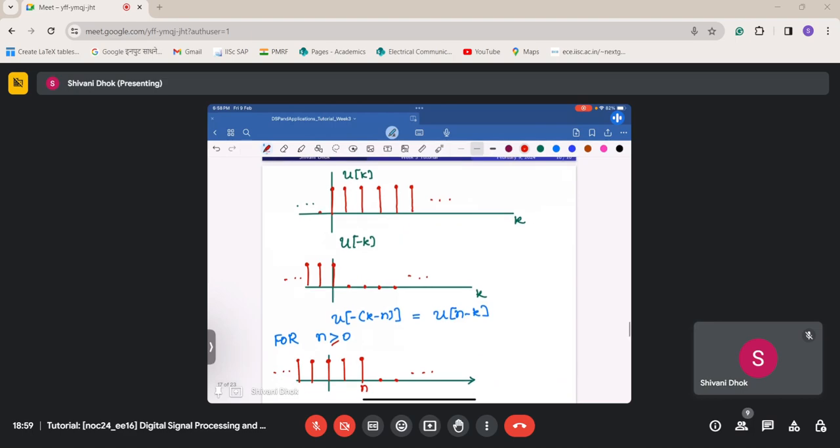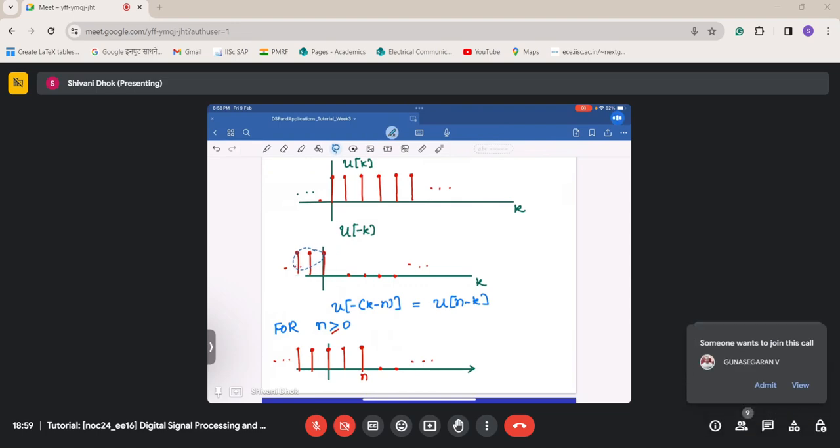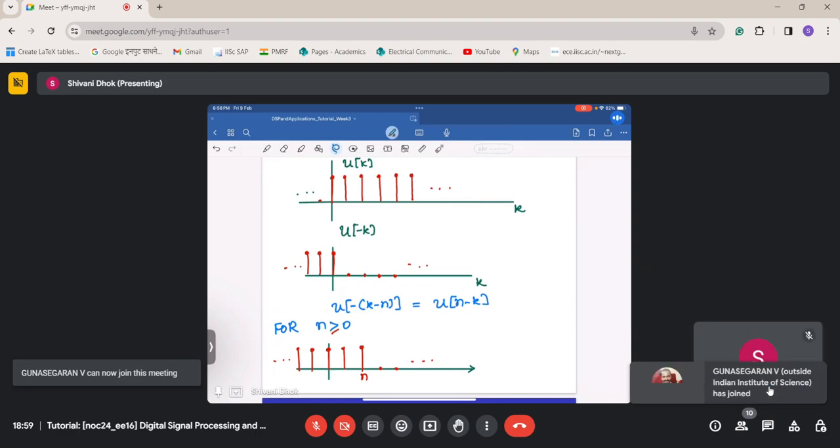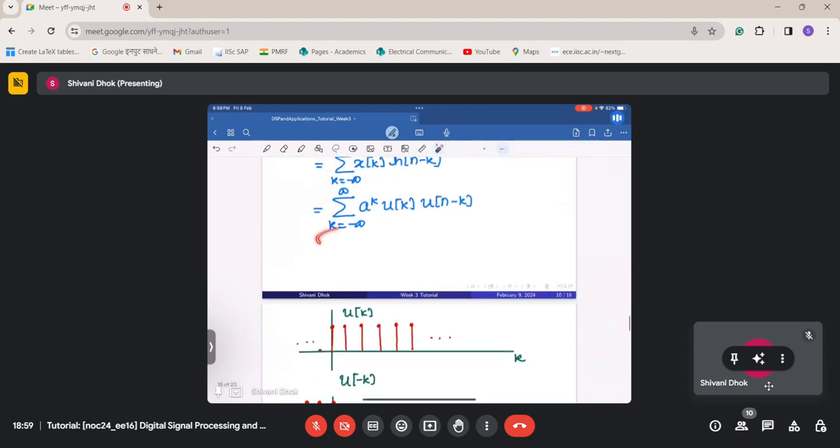And when my n is less than 0, then in that situation I have to shift this particular signal like this to the left, and there won't be any overlap, so that product will be 0, and therefore this entire convolution will also be 0.